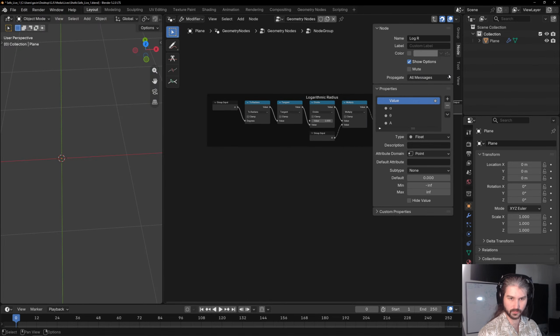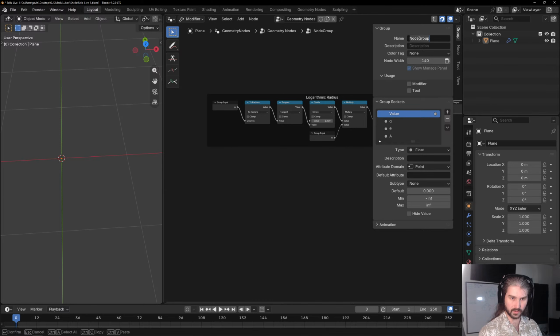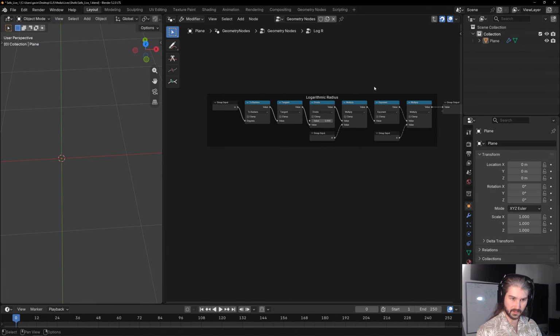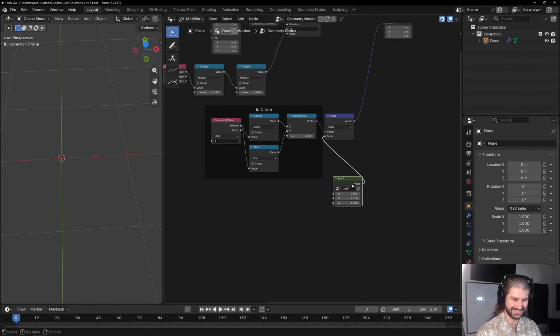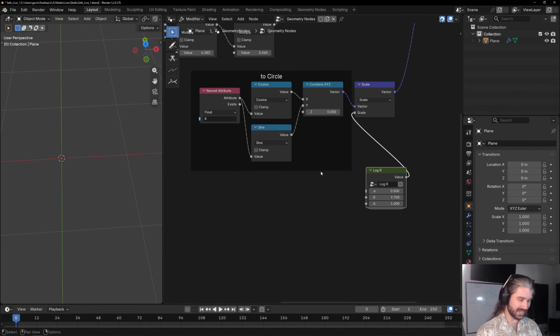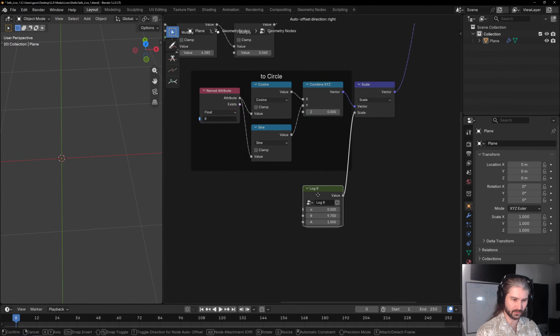Did that on the wrong thing. I always get confused between labeling it here or there. This is for the greater node group that we're working with. This is for the specific group. How dare I get confused about the thing that I claim to be an expert in. Anyway, so that is our logarithmic radius.